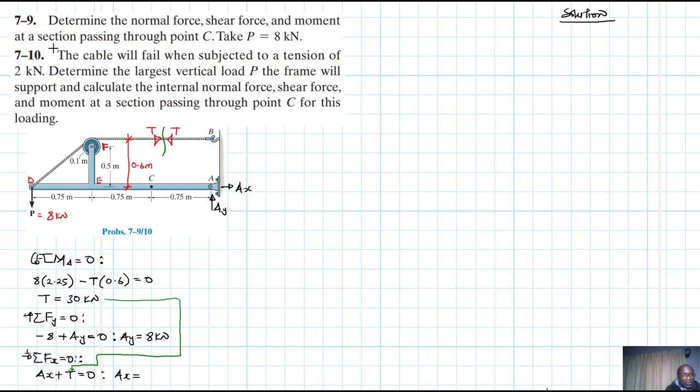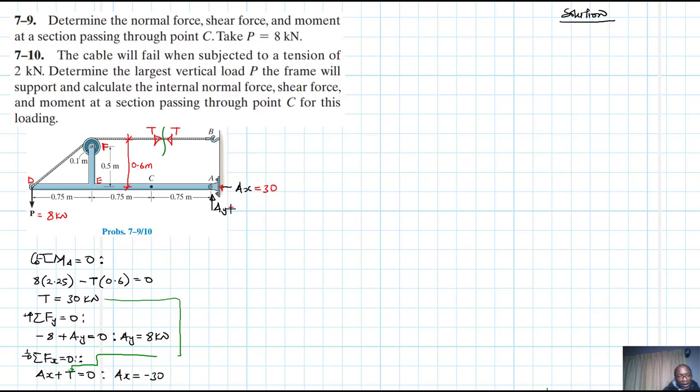Once you do so, you realize that our AX is equal to minus 30. Minus just simply means the direction will change for our AX. The direction will instead be like that, inwards, and we have AX equal to 30.